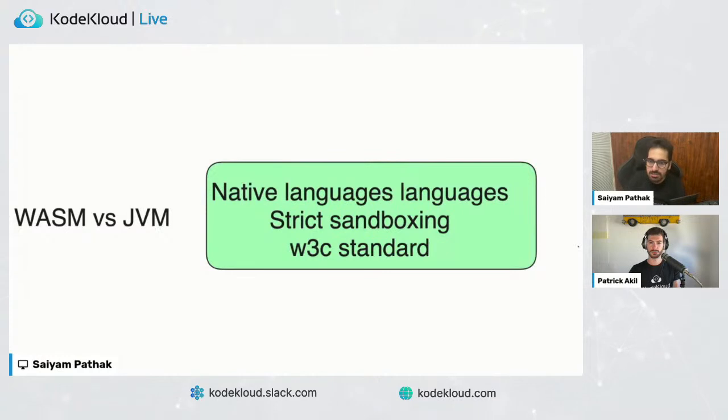So that was there. Strict sandboxing. When you think of WebAssembly, it is something with very strict sandboxing, with no access to or information about anything, because it runs completely isolated. And third, it's a W3C standard. It's meant to be implemented. The standards are meant to be implemented for all the languages.